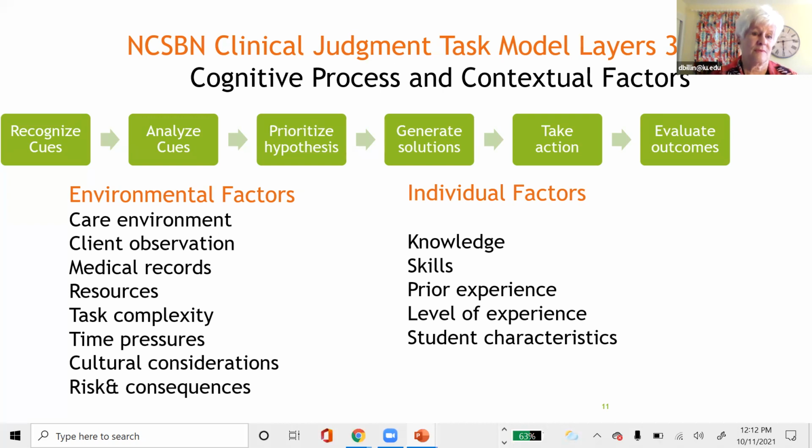Some of the factors that need to be considered, particularly in that first step when the students are recognizing patient cues: what is the environment? What have they observed about the patient? This model brings in lots of other data points: what's in the medical record, physician's orders, lab values, and things like that, and how complex the situation is, if it's a code versus a patient teaching situation where everybody's in fairly decent health.